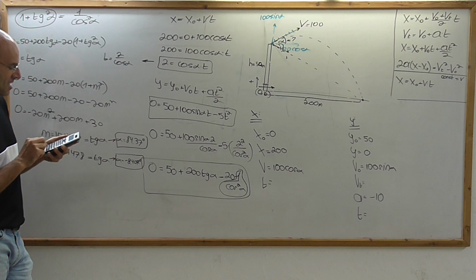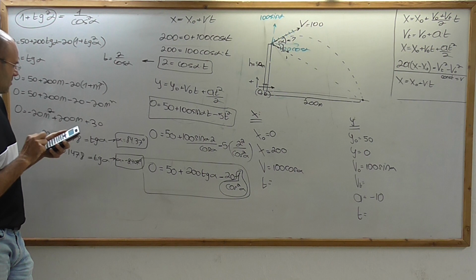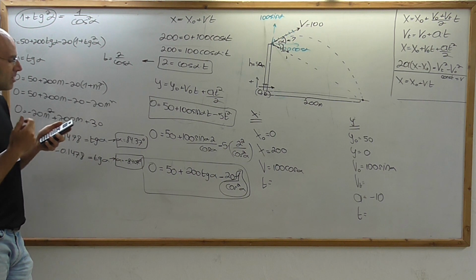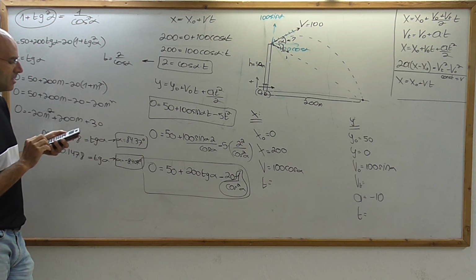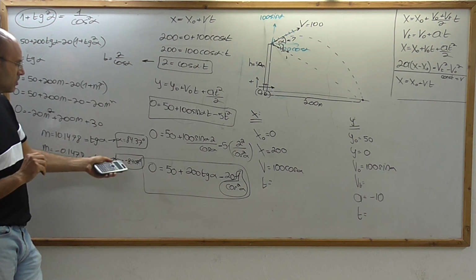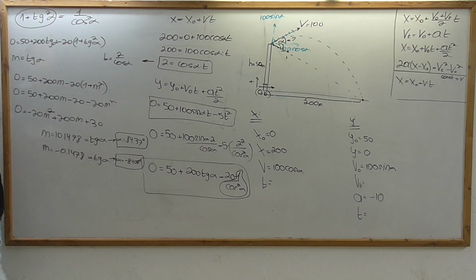Just a minute. 10.1478 shift tangent, 84.372. Okay, cosine ans squared, minus 20 divided by that plus 15 plus 200 tangent 84.372. It's almost 0, so I think it's okay. Okay, I hope I'm not mistaken. If it's a mistake, I have a number mistake, but I think it's okay.